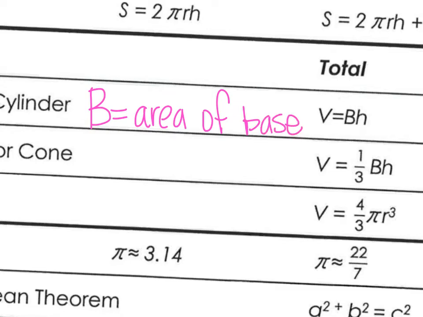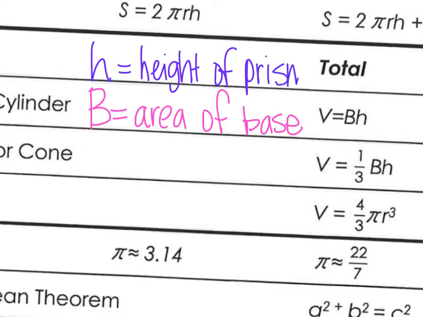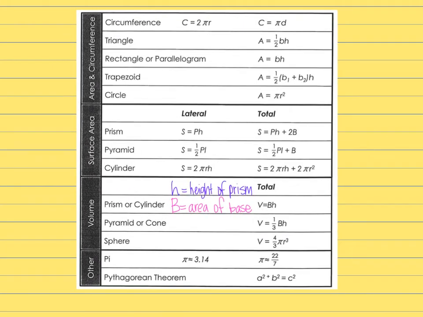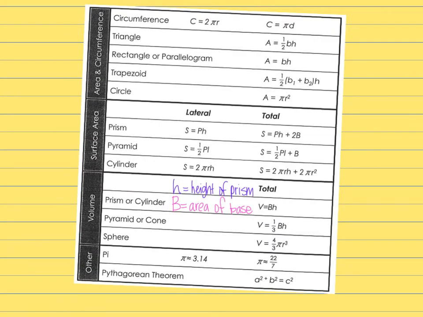And then the other letter that we're going to need to know today is H. And this actually would be the height of the prism, not the height of the base, but the height of the prism itself. And then we'll put this back into the view it was in a second ago.